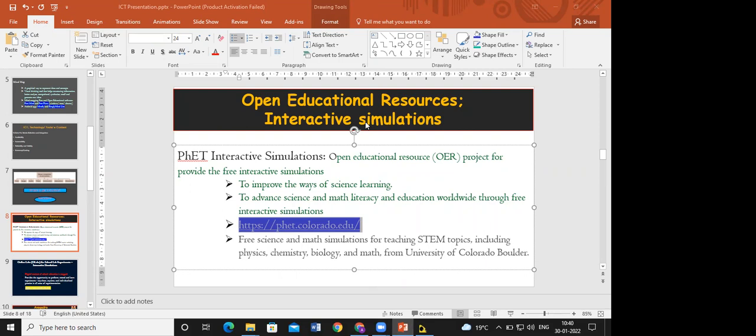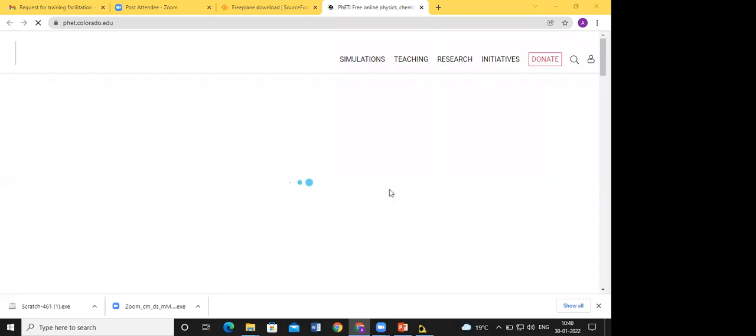Okay, so let's see this one. Suppose I click over this one, this website will open. That is nothing but phet.colorado.edu. And here there are a lot of simulations.